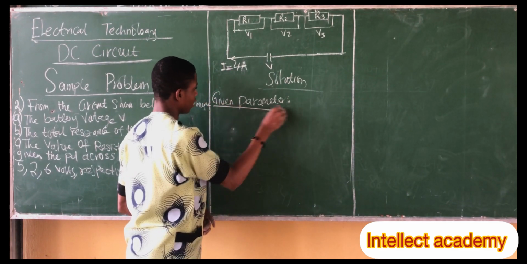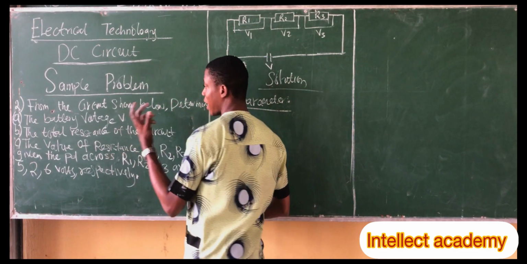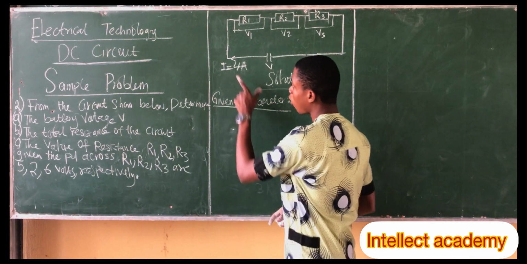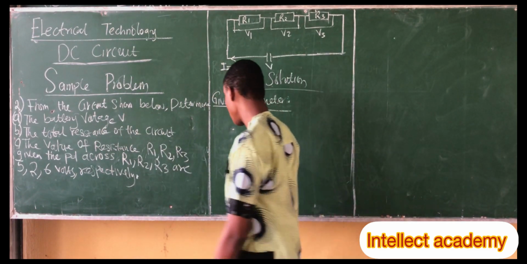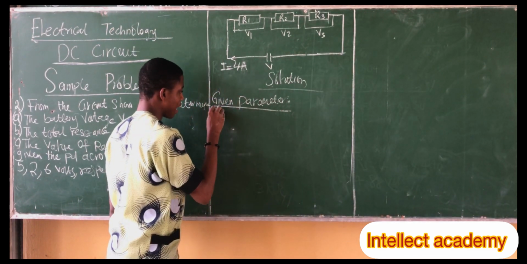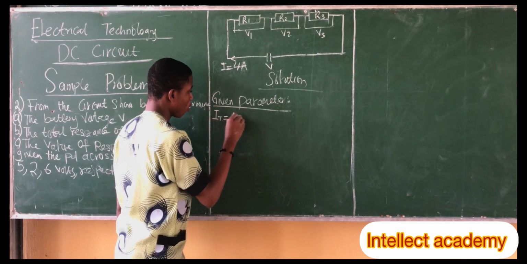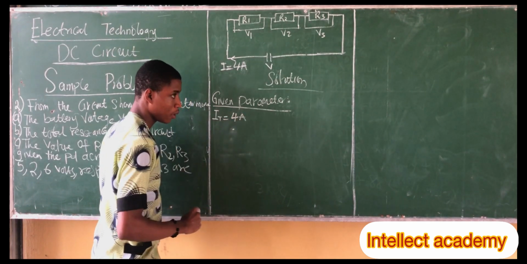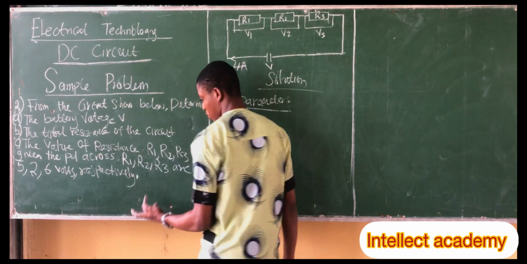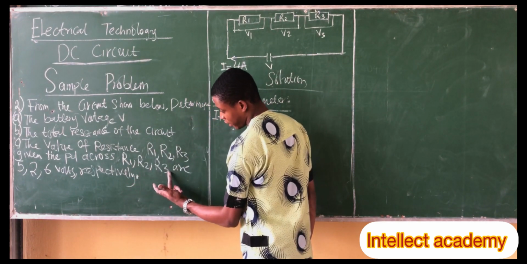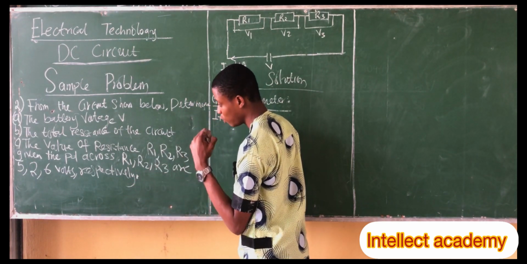So what are the given parameters? First of all, we are given the current. The total current flowing through this circuit, which is IT, is equal to 4 ampere. We have R1, R2, and R3 with respect to the potential difference.